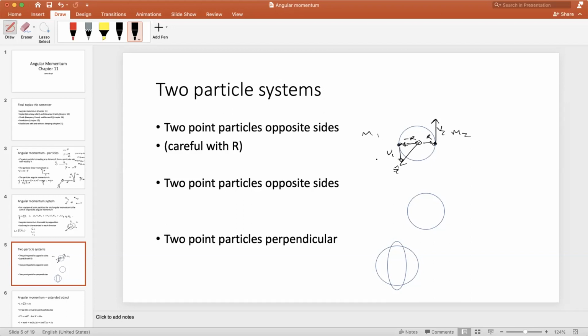What is the angular momentum of this system? Well, L would be the individual ones. Note this is negative. So I would get M1 V1 times negative R plus M2 V2 R. Or if they were the same mass and had the same velocity and the same R, I would get 2mvr. So I would just combine the two angular momentums of each one as they spun around and around.